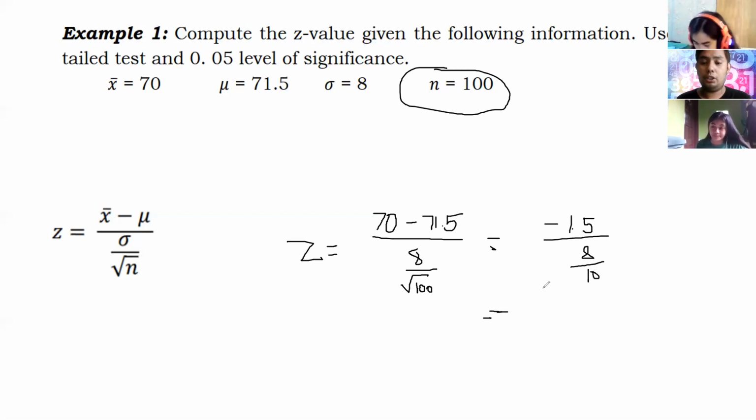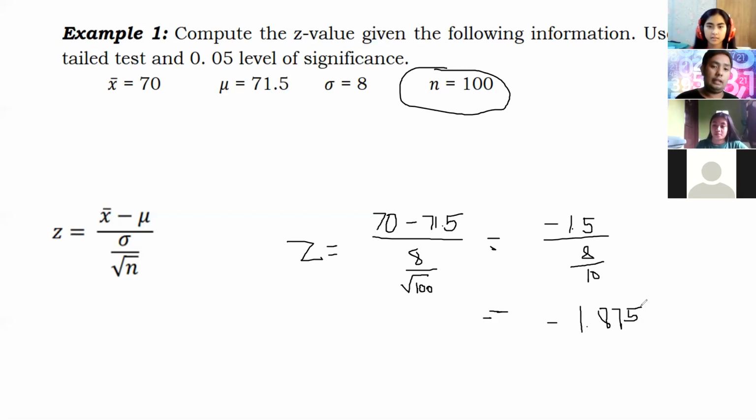And our final answer is negative 1.875. Okay po. Negative 1.875. Do you have the same answer? Yes po, sir. Clear po tayo dyan. Yan lang po ang kailangan nating gawin.